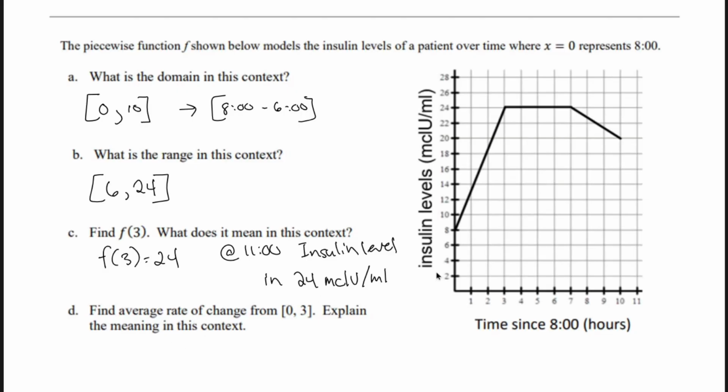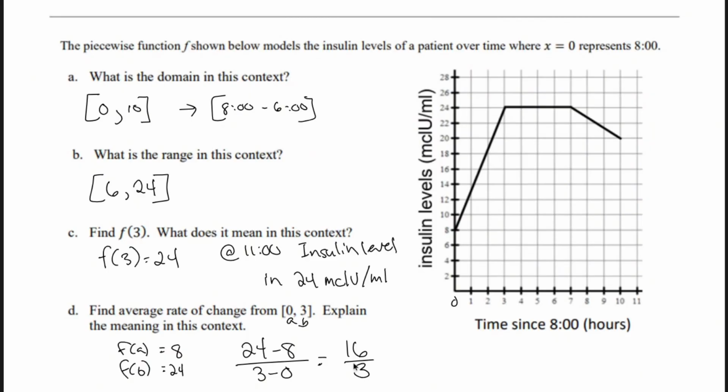Explain the meaning in this context. All right. So basically we have 0. 0 is 8. So if I were to say you're A and you're B, f of A is 8. F of B is 24. So using the average rate of change formula, which is f of B minus f of A over B minus A, I get 24 minus 8, which is 16, over 3.